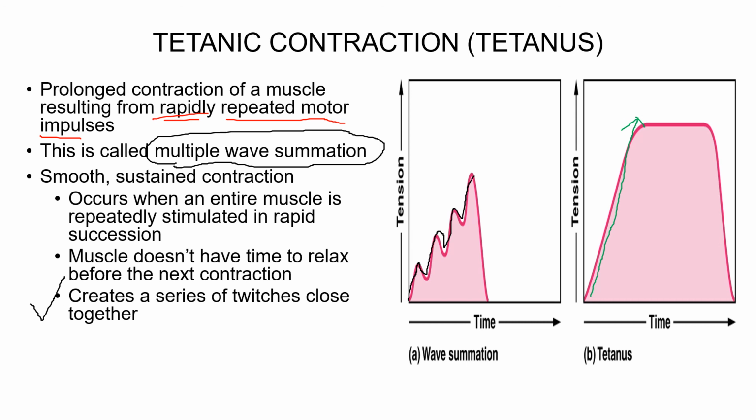If your muscles let go, we're both falling down. We're going to hurt our back and then we're going to fall down the stairs, right? So your muscles are tensed and they are not getting a break at all, pretty much. So big keywords here. It's also known as multiple wave summation, and we are not giving the muscle enough time to relax before the next contraction. So we're really taxing the muscle.